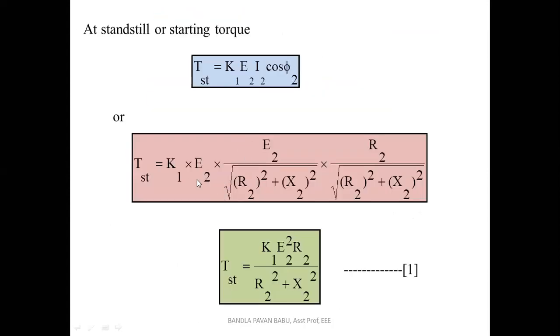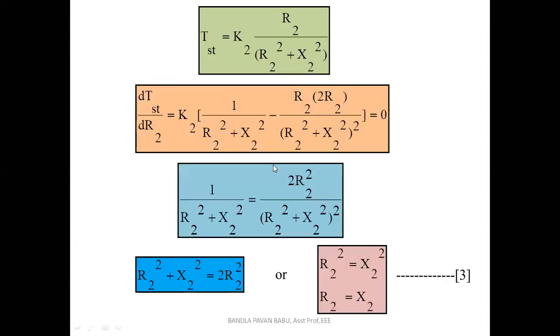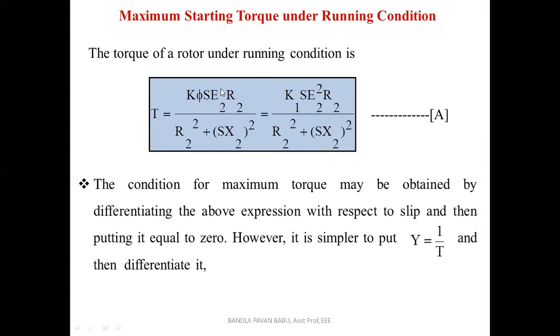So this is the case. K phi s into e2 into r2 by r2 square plus s into x2 whole square. Here we have written k in terms of phi. These two can be reduced as k1. K into phi means phi we have to replace with e1.